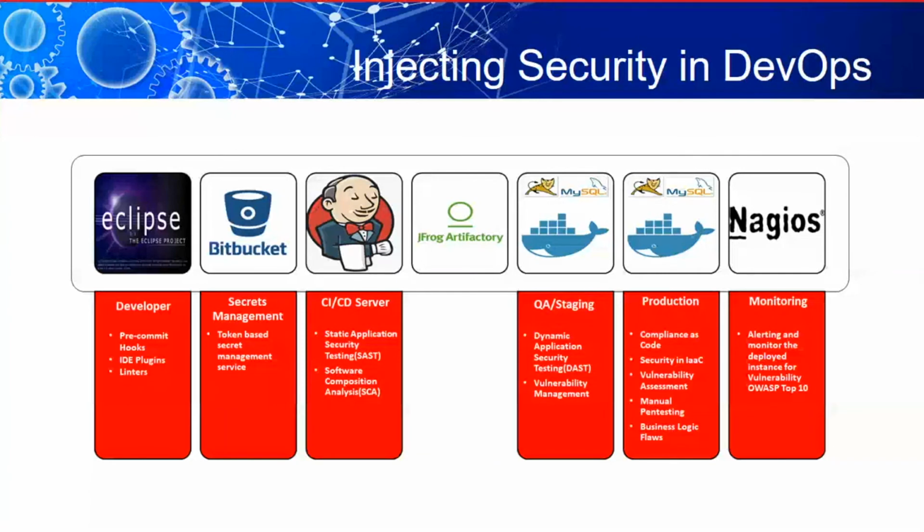Next, coming to security in infrastructure as code, containerization solutions like Docker are very popular for building infrastructure using just a few lines of code. Some public Docker repositories from where Docker images are pulled may contain malware or other vulnerabilities.